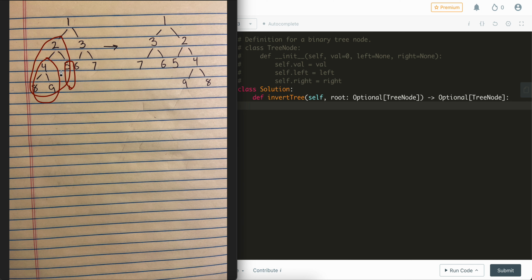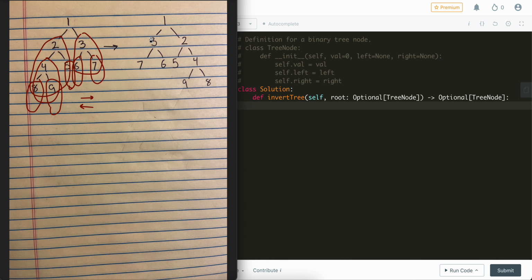We're going to call the recursive algorithm on its subtrees, and then likewise we're going to call the recursive algorithm on 4's subtrees. So you can kind of see the recursion happening here. Likewise with this, we call the recursive algorithm on this, and it's going to call it on this and this. And basically what it's doing is swapping them from the right to the left, and the left to the right. And as you can see, that's exactly what's happening here.